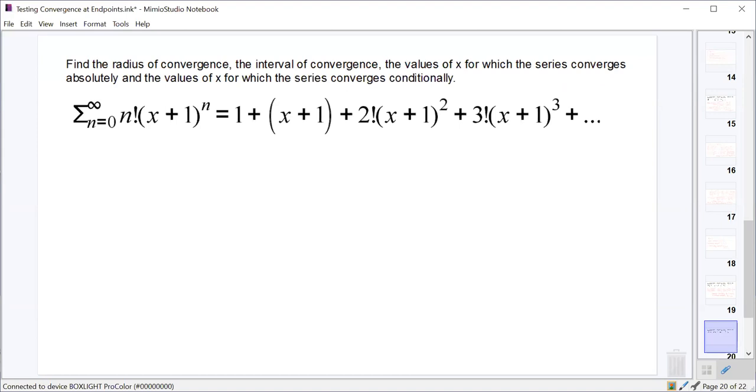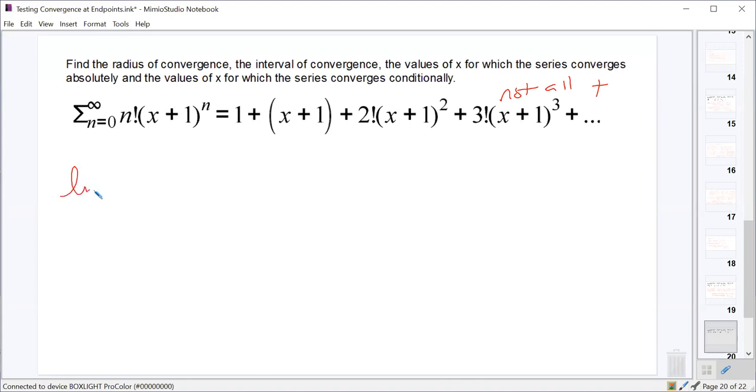Does this have all positive terms for all values of x? No. Plug in -7 for x, and the second term is negative, right? Easy, right? So not all positive. So once again, we will use the ratio test and take the absolute value.